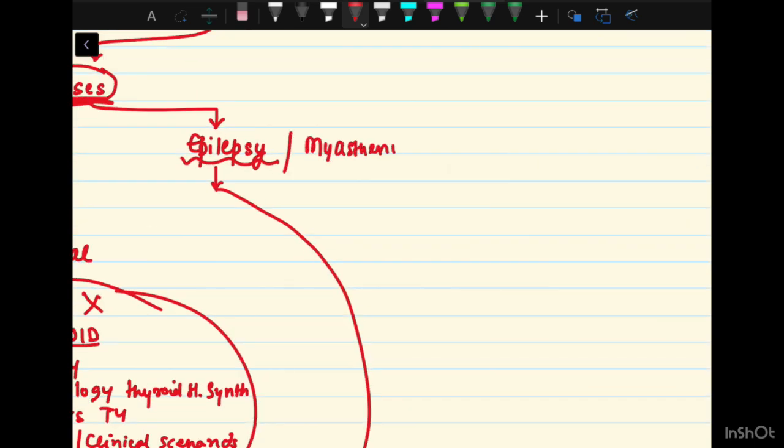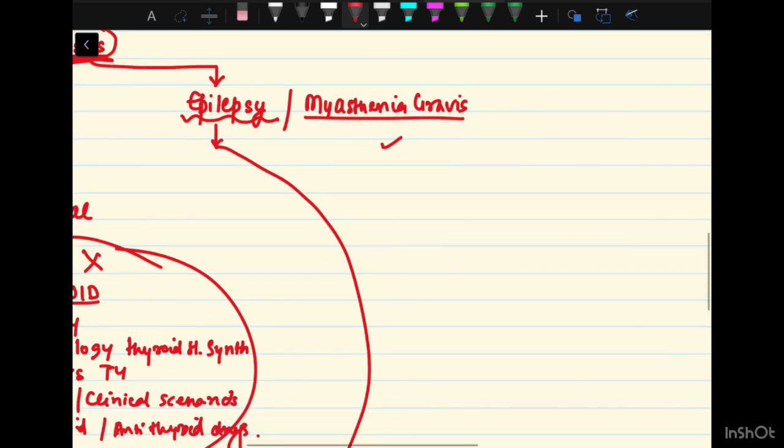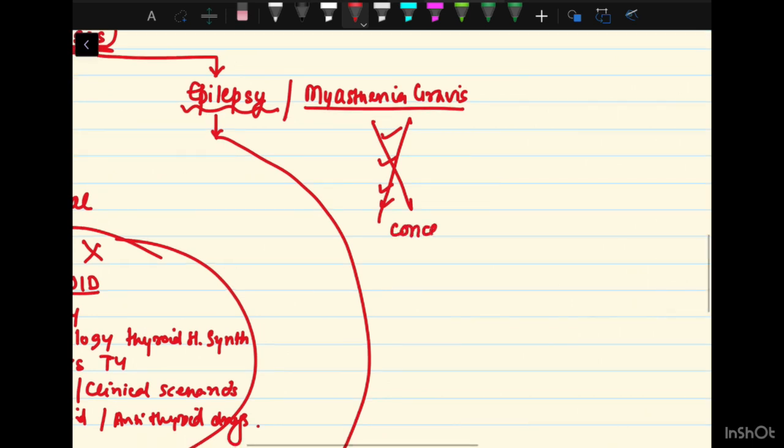Also, for example, myasthenia gravis. Now people may say you should know what myasthenia gravis is, what the pathology of myasthenia gravis is. That is not asked in your theory. They usually ask either your anesthesia concerns, and how you manage a case.